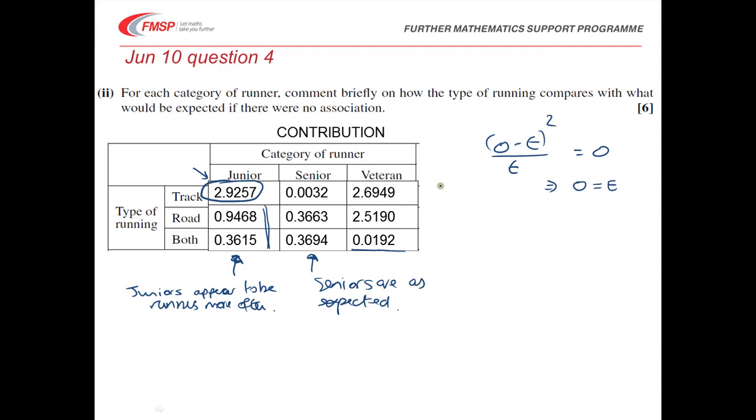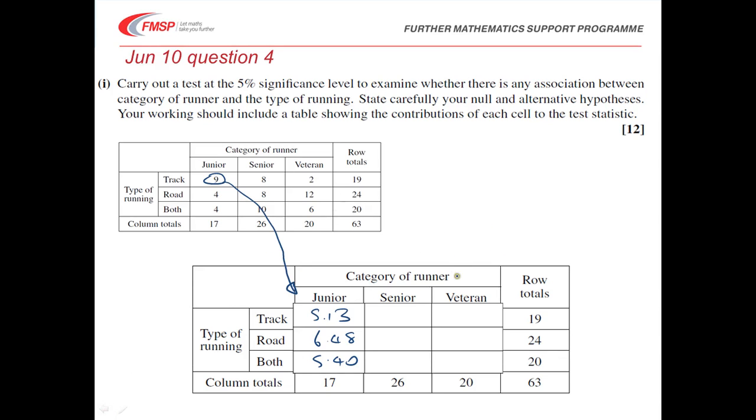Now here if we look at veterans, these two contributions are big, this one is quite small. So again, going back to your data, if we look at veterans, we've got 6.03, we've got 7.62, and we've got 6.35.